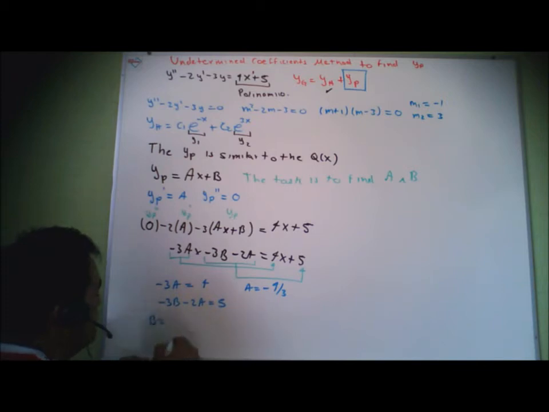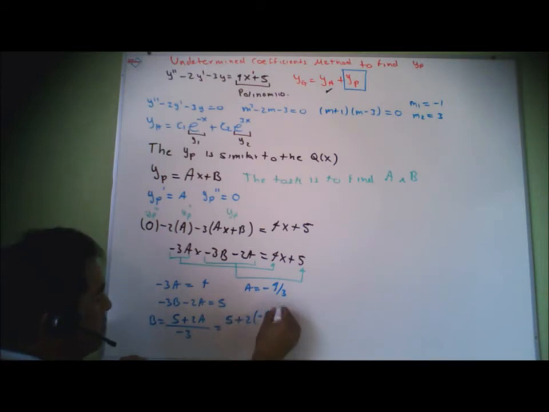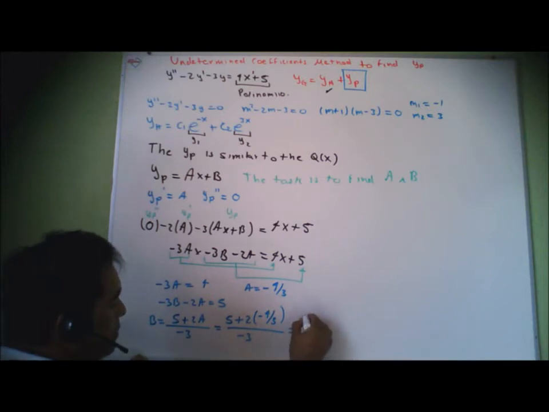The value of b is equal to this to the other side, and the minus to the other side, so it's going to be 5 plus 2a divided by minus 3. And let's replace the value of a. So it's going to be 5 plus 2 times minus 4 over 3, over minus 3. So what is the value of this? 5 minus 8 over 3, 2 times 4 divided by minus 3.